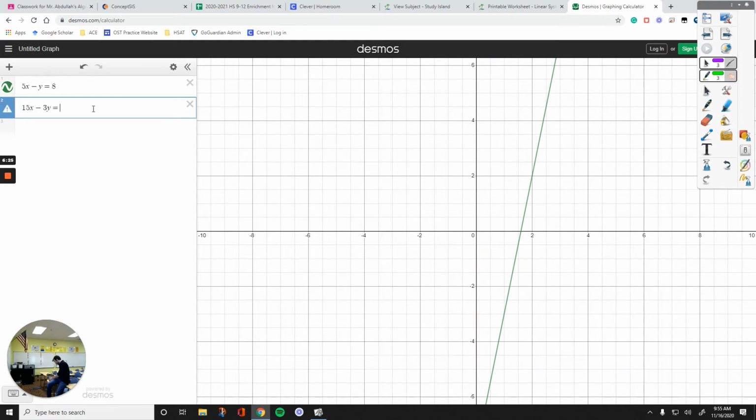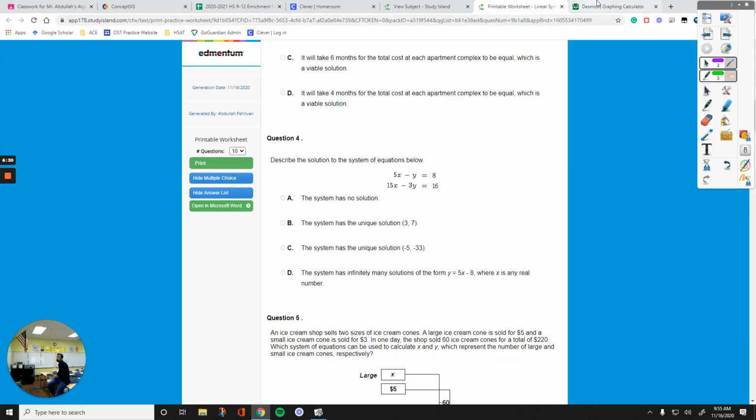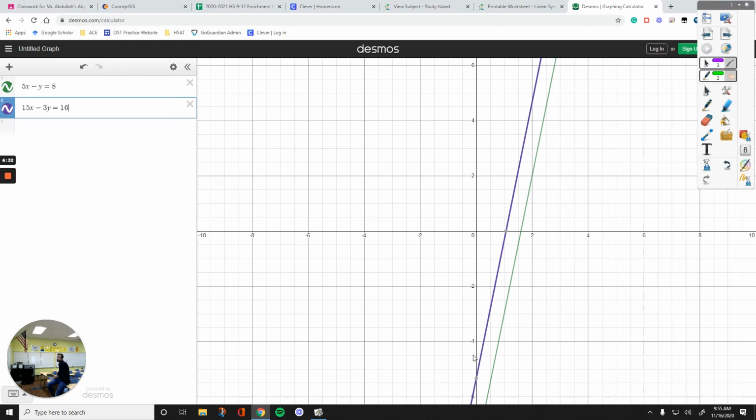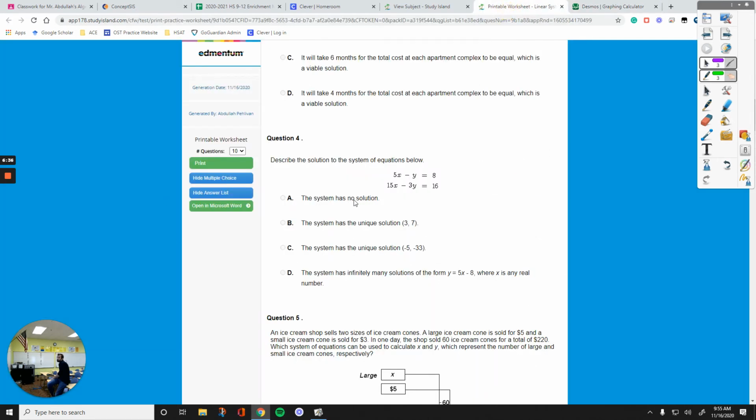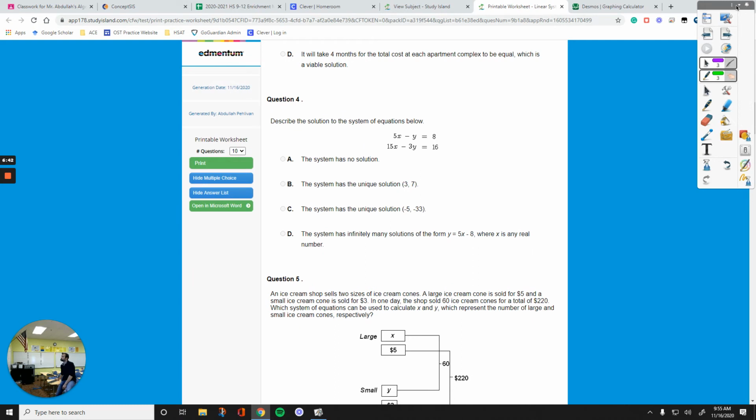So far, the slopes look like they are the same. Yep, the slopes are the same. The y-intercepts are different. That's why they do not touch each other, so there's no solution. You can basically graph it and then see what it gives you, and then you have your answer.